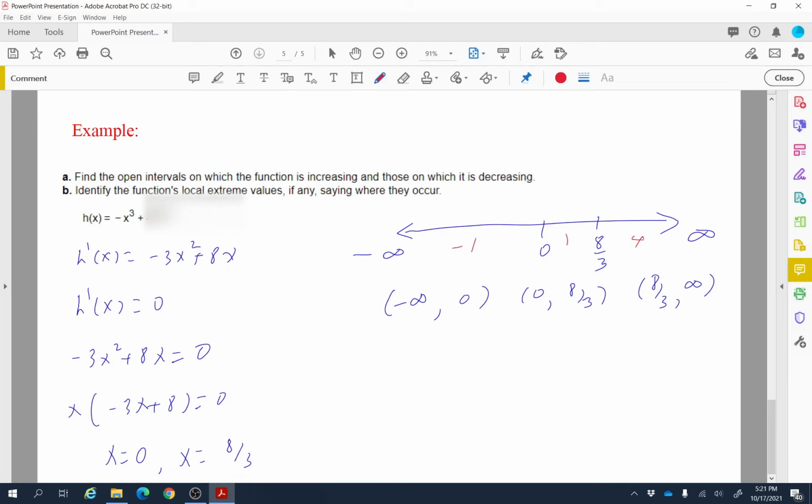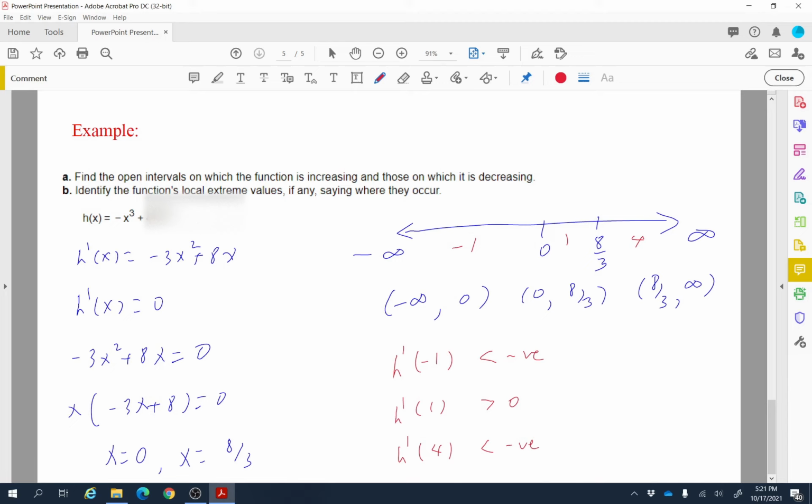And now we need to find the derivative, s prime at -1, s prime at 1, s prime at 4, and we need to find out whether that derivative is positive or negative. So if we find this value, it will tell us this is negative here, this is positive here, and this is again negative here.